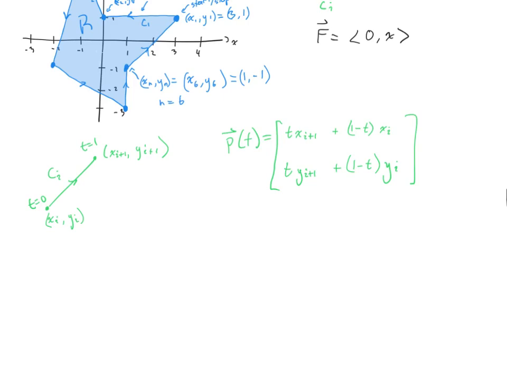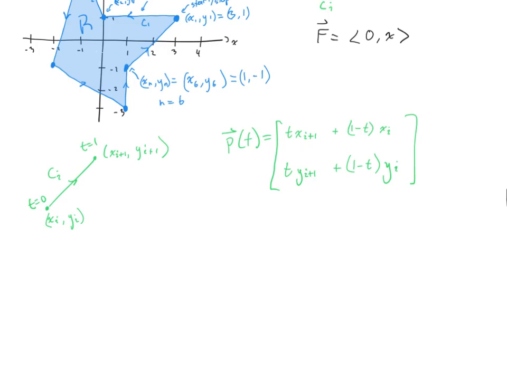So you should look at this and realize that these are linear functions in t, so they have to define lines. That's why it's a line. At time 0, if you plug in 0, the i plus 1 coordinates disappear.